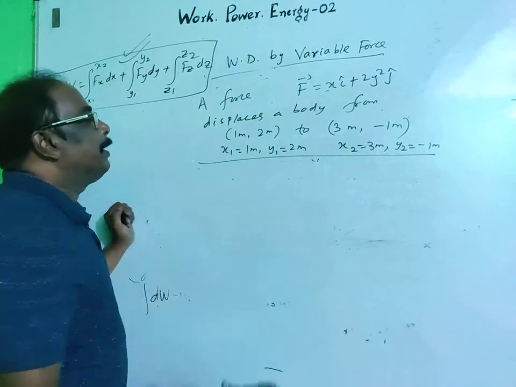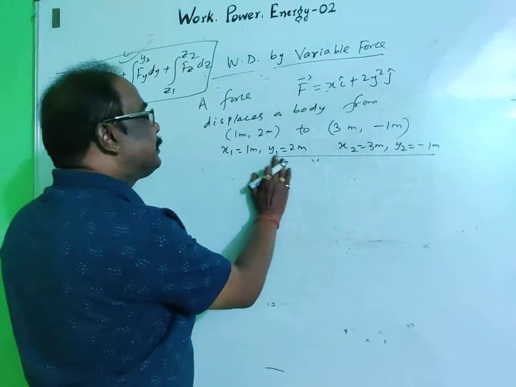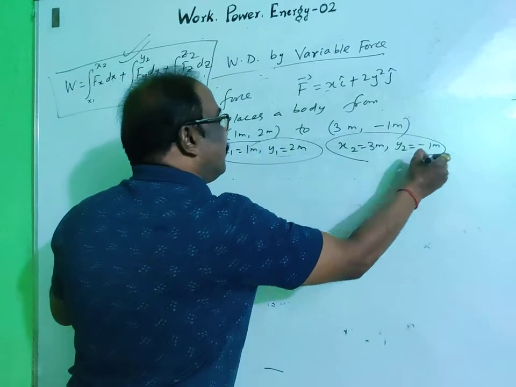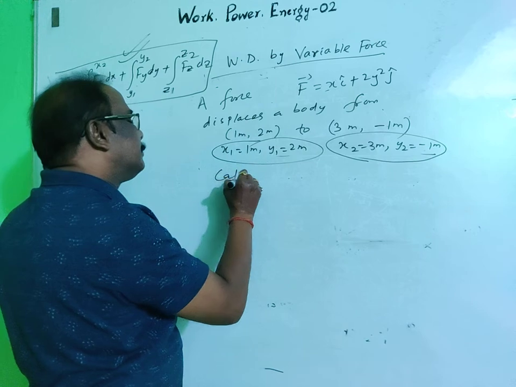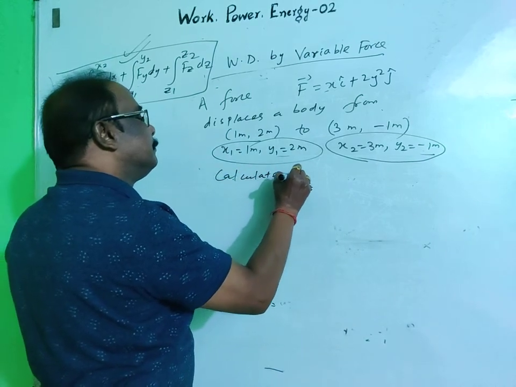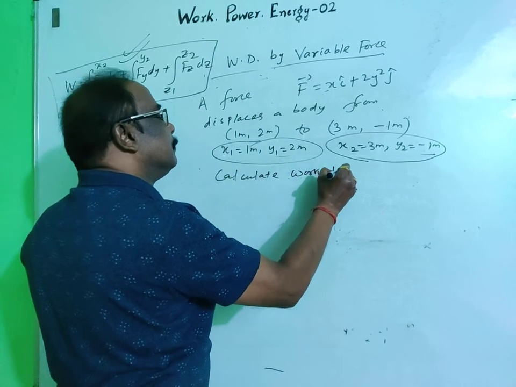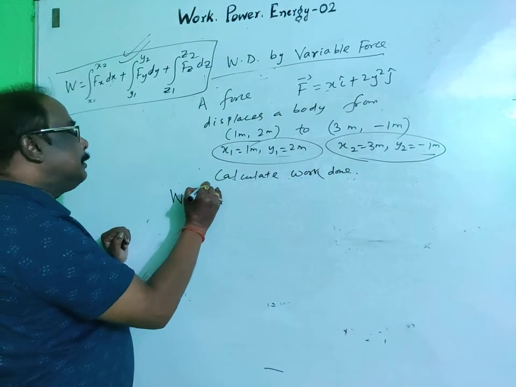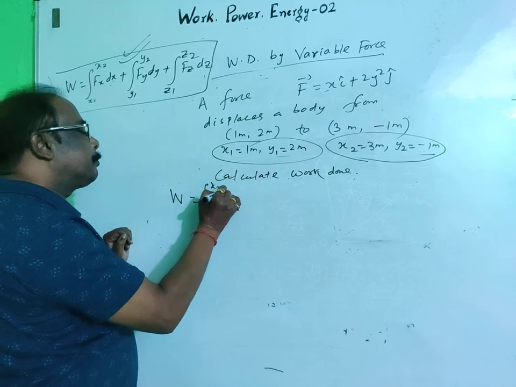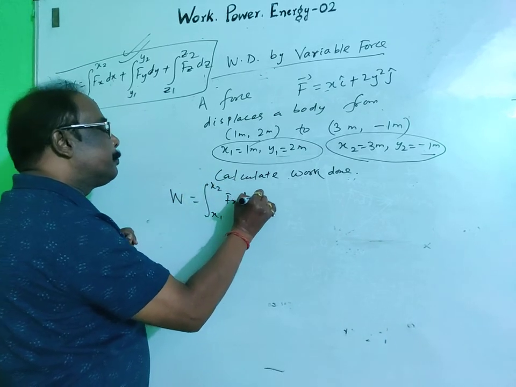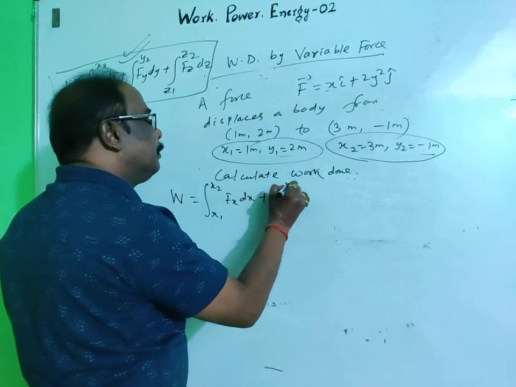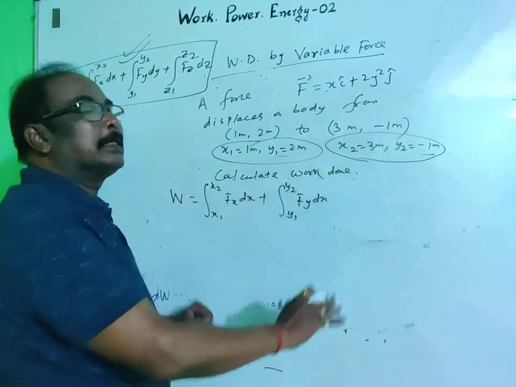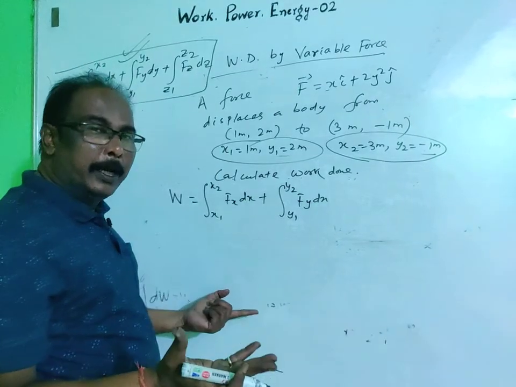To get the answer, we have to find the displacement of the body, and given the coordinates, calculate work. Then use this formula: work is equal to integral from x1 to x2 of Fx dx plus integral from y1 to y2 of Fy dy. Here the z coordinate is not given, so we will use xy only.